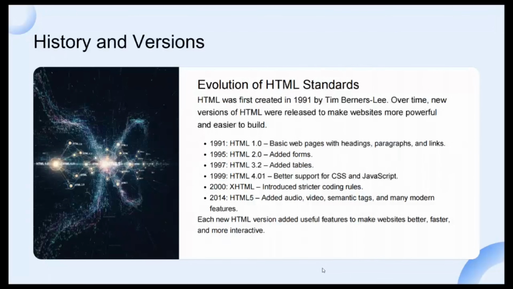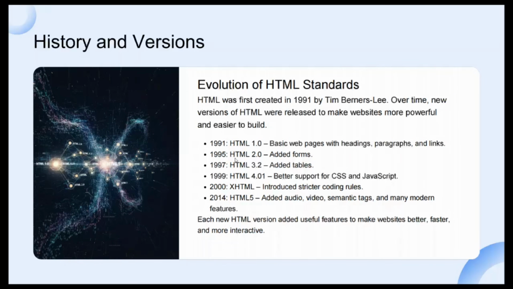Now let's see history and versions. HTML was first created in 1991 by Tim Berners-Lee, and the first version, HTML 1.0, had basic HTML pages with headings, paragraphs, and links.